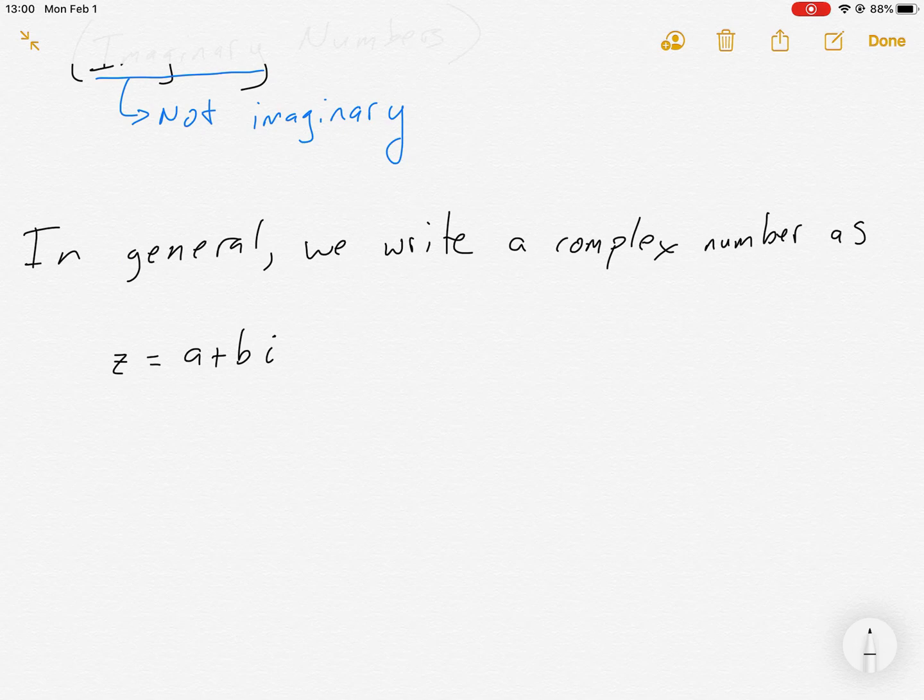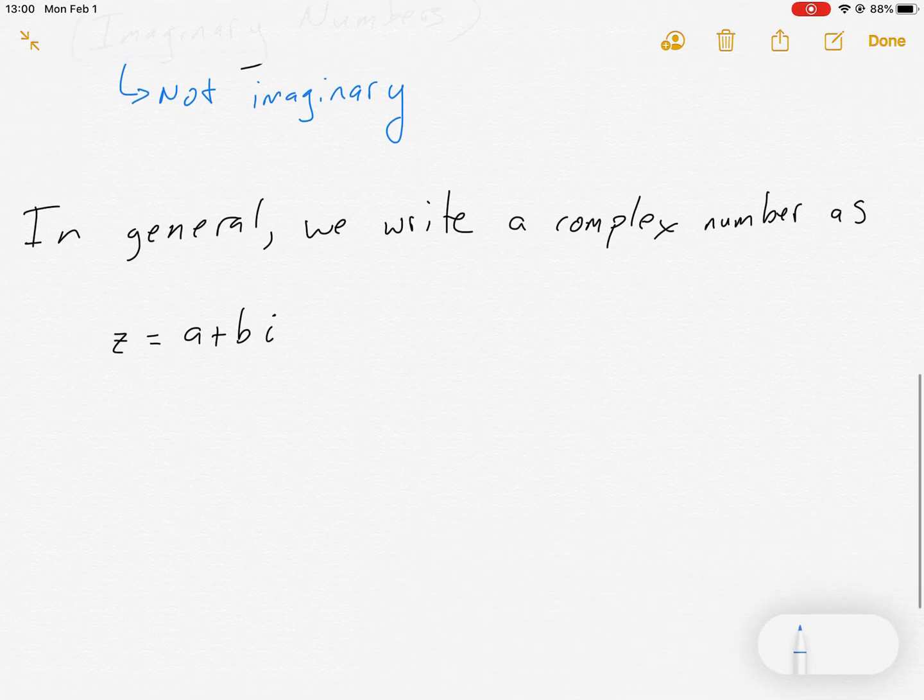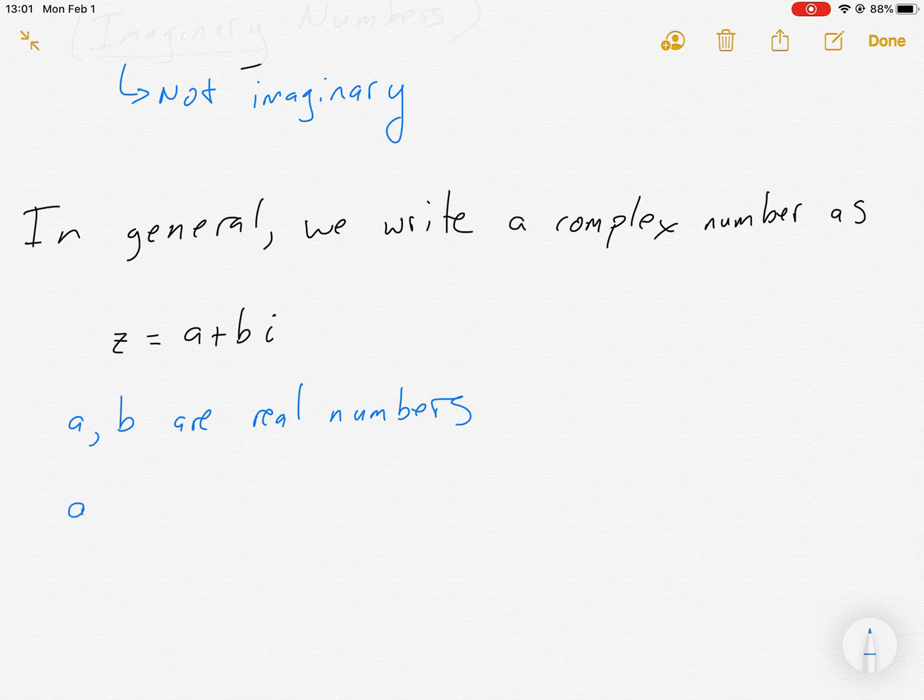Now, in this number, I want to point out that a and b are both real numbers. The first part of this, a, is called the real part of a number, and the bi is called the imaginary part.